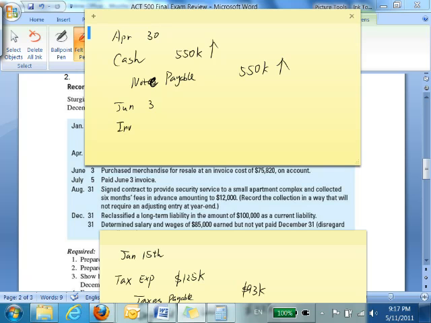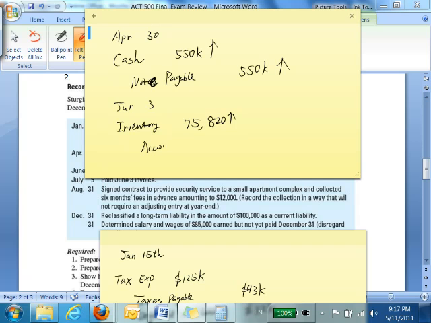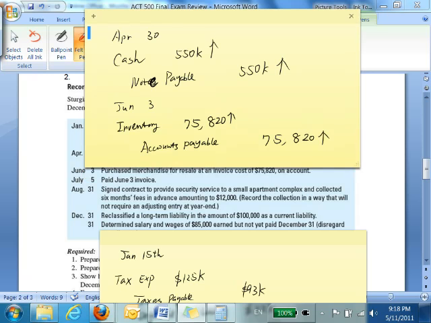So inventory would increase 75,820, and accounts payable would increase 75,820. For the June 3rd. Are you with me?